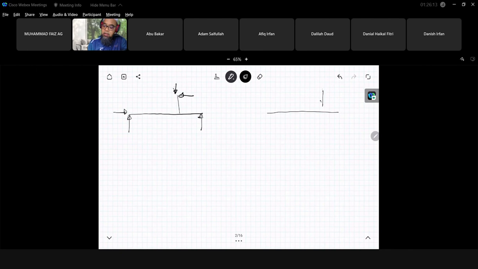The force acting here, acceleration force, A, B. This is 1.5, 1.5, 1.33, 1.07, 1.14, and 2.86.